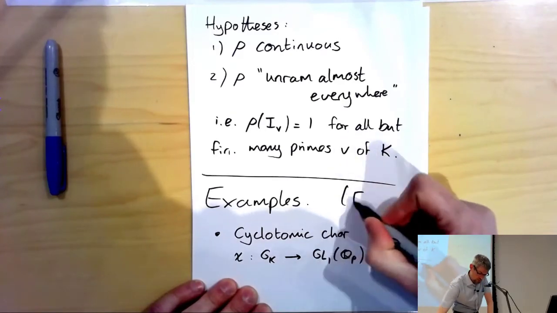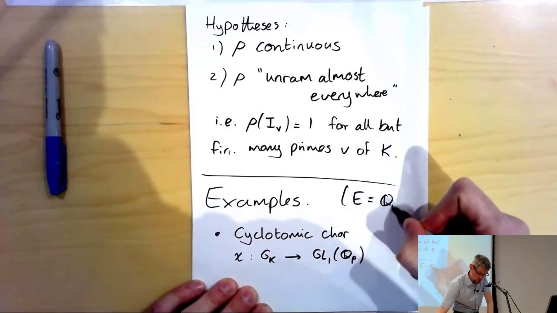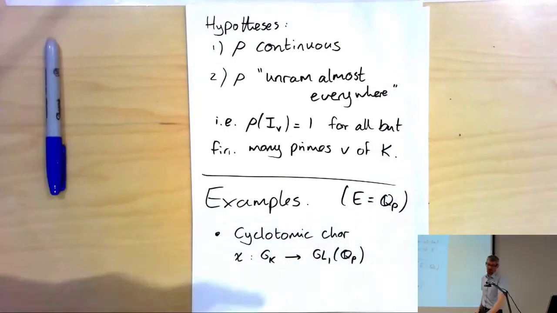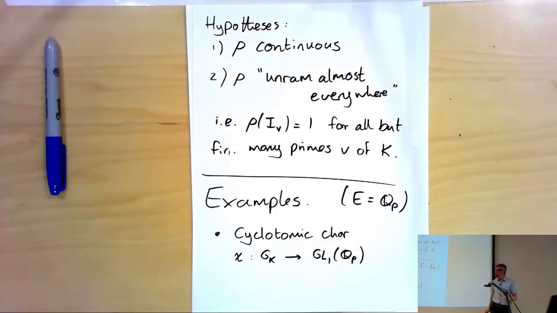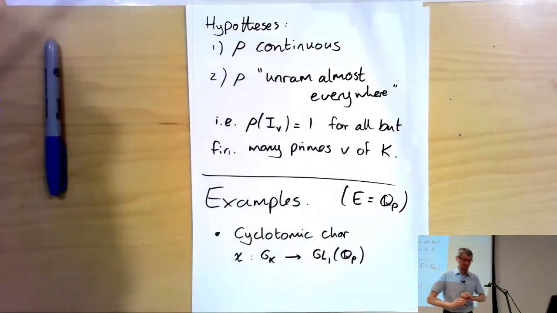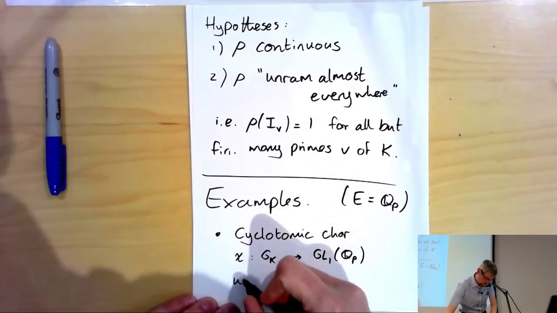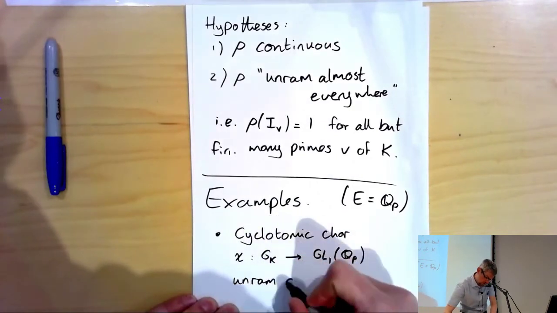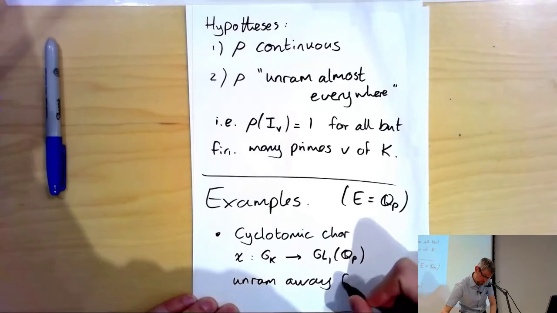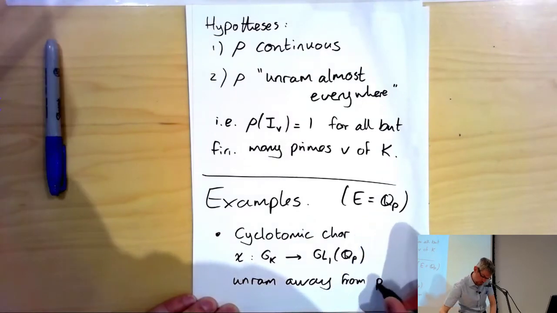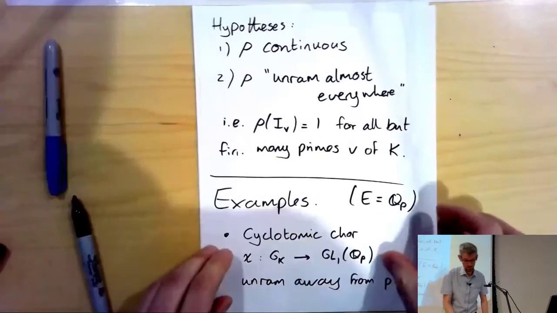So I'm going to take E equals Q_p for all of my examples. So this gives you a one-dimensional representation, and it's clearly continuous, and it's unramified outside the primes above p. So that's a very simple example.